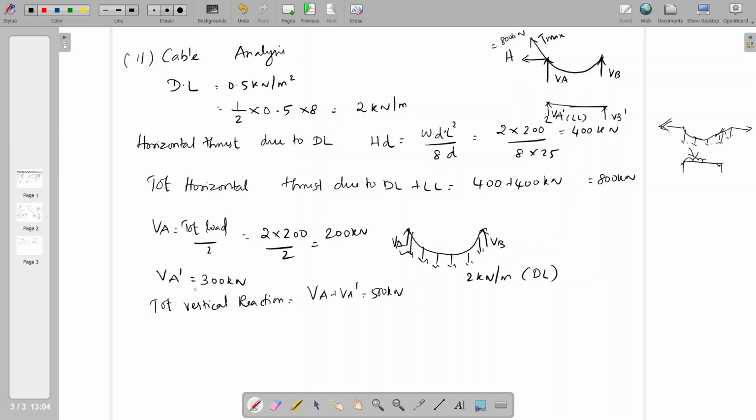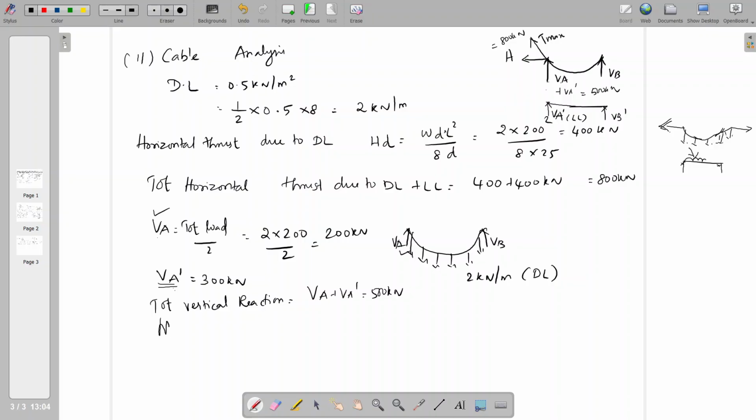That is also correct. We consider the vertical reaction calculated from the actual loading at the girder level and the vertical reaction at the cable level, summing up to get the total vertical reaction. Now you got VA plus VA dash at this level, which is equal to 500 kilonewton.